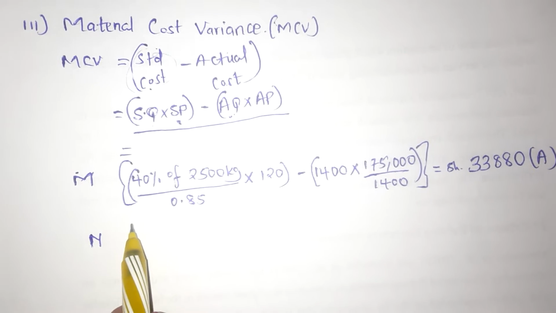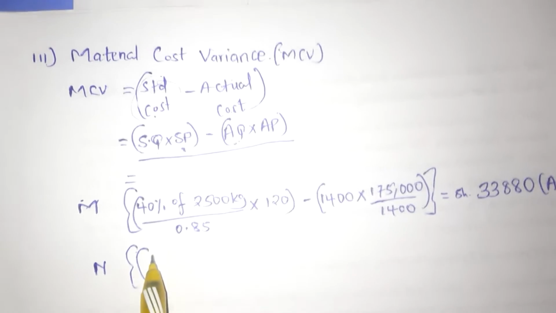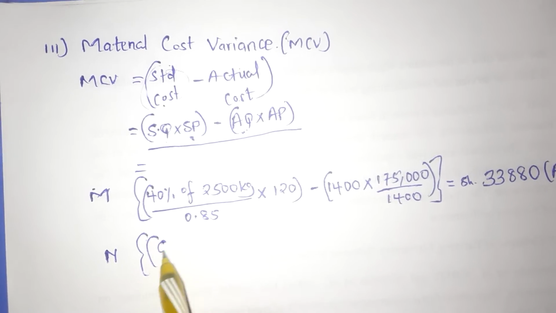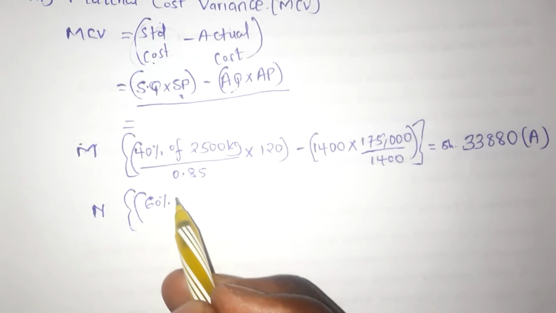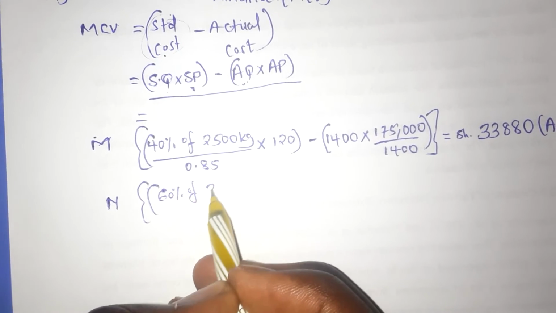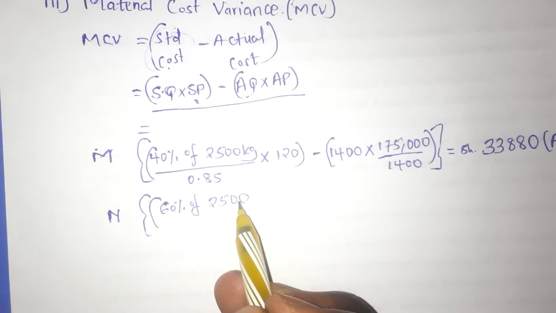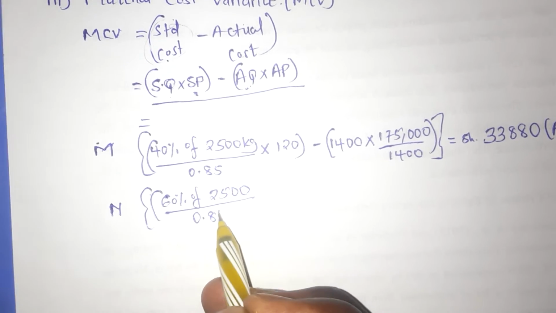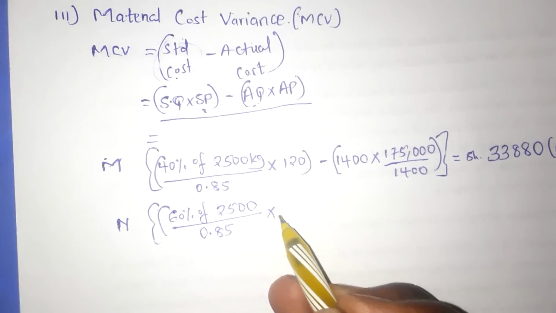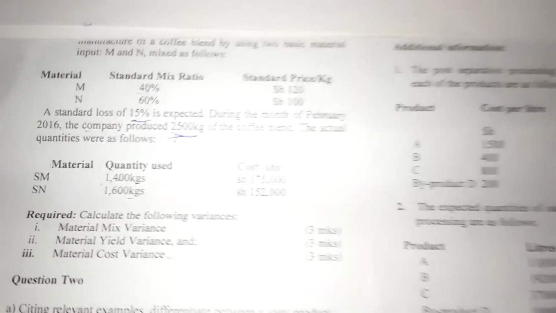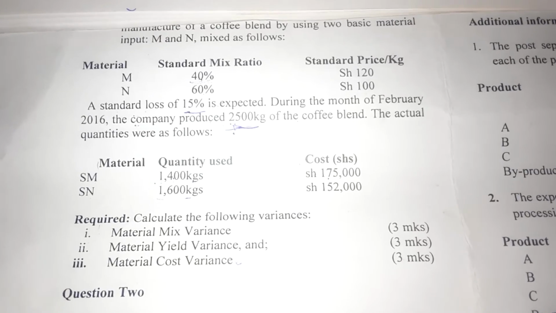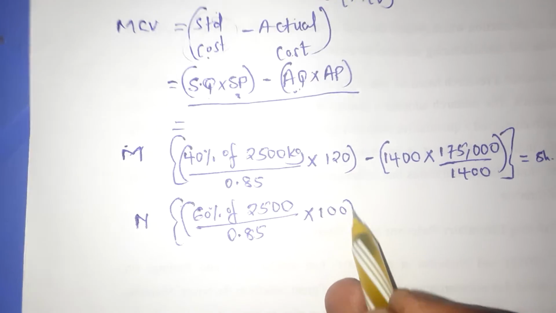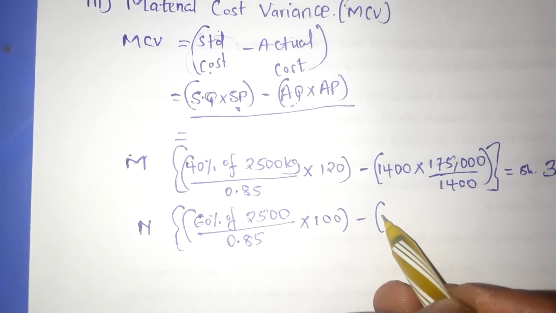Then we do the same for material N. Material N will be the proportion, the standard quantity will be the proportion, 60% of the actual output, over the expected production, which will be 85%, times the standard price. If you can remember, the standard price for this one was 100. So we multiply by 100 minus actual quantity of this one.